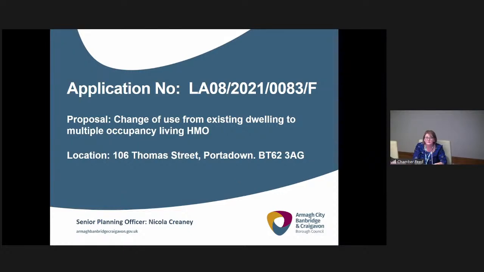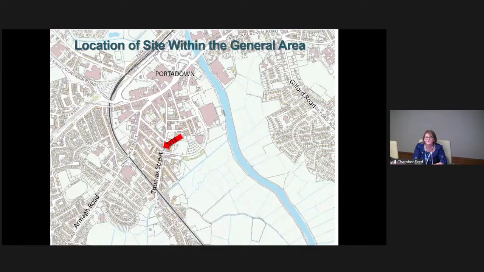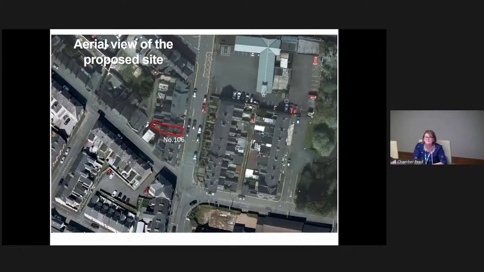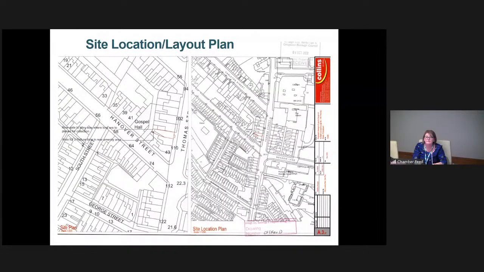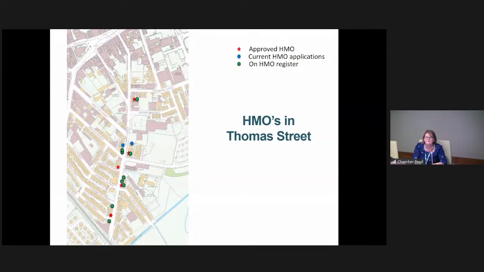Next slide, please. So as you can see, the site is just adjacent to the town centre boundary or the town centre. Next slide, please. That's an aerial view of the site. Next slide, please. This is the site location plan, and there's a block plan there. Next slide, please.